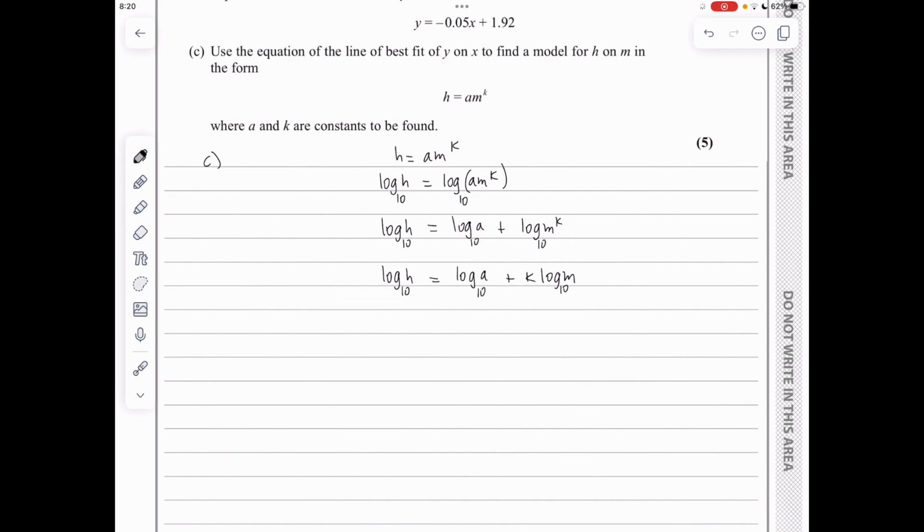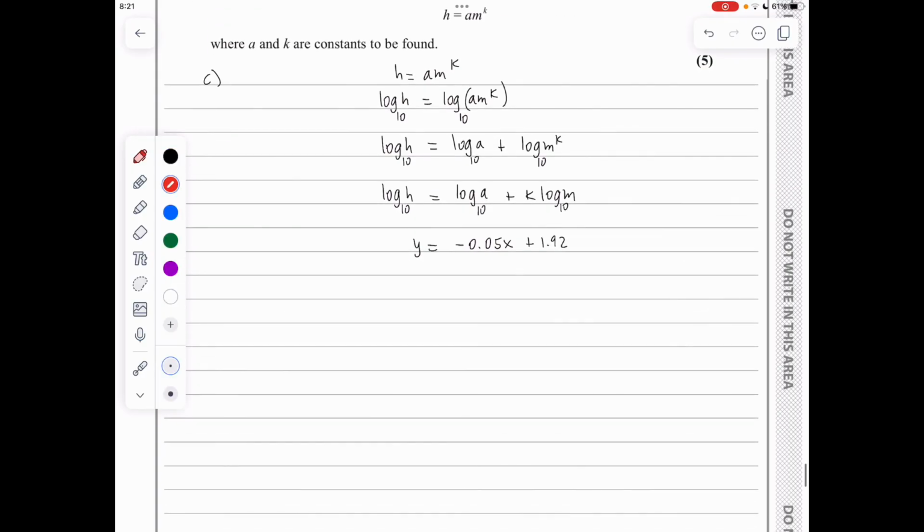Now, the line of best fit was of the form Y is -0.05x plus 1.92, and it's worth recalling that X is log of M base 10 and Y is log of H base 10.